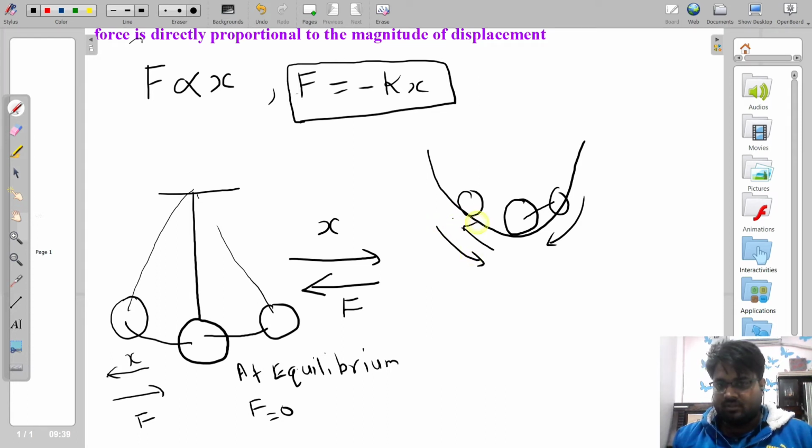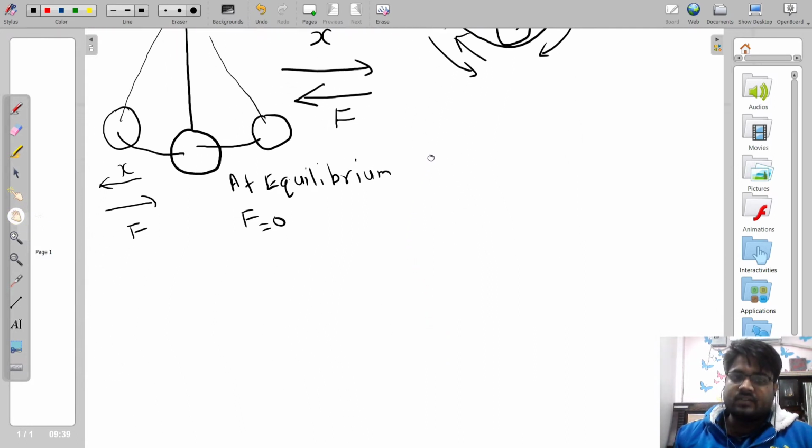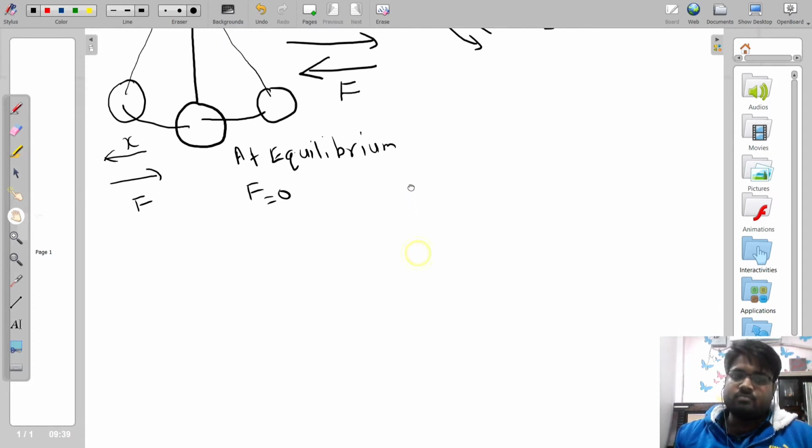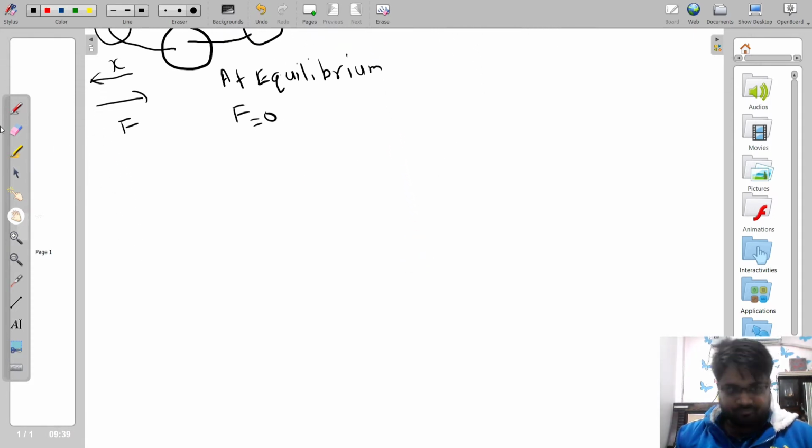All in all, displacement and force are opposite to each other, and most importantly, the direction of force is always towards equilibrium position. Because of that, the bob or this ball is always moving towards equilibrium position.